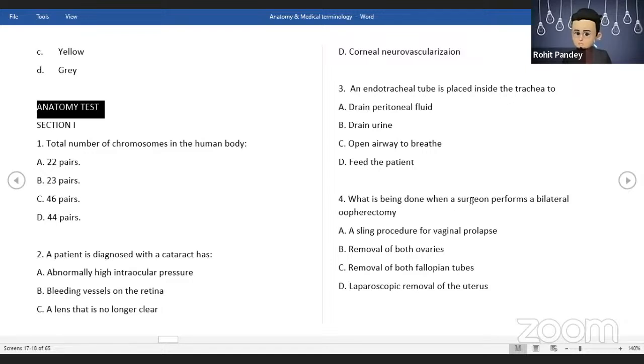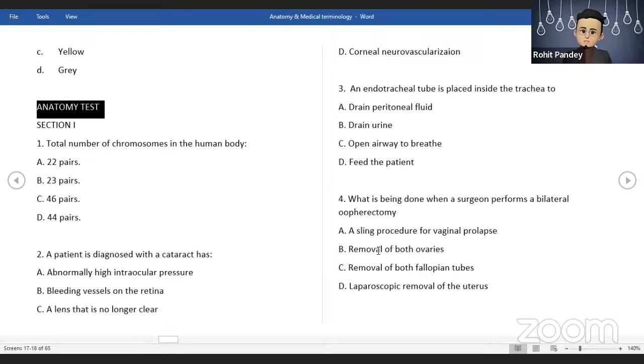What is being done when a surgeon performs a bilateral oophorectomy? A, sling procedure for vaginal prolapse; B, removal of both ovaries; C, removal of both fallopian tubes; D, laparoscopic removal of uterus.